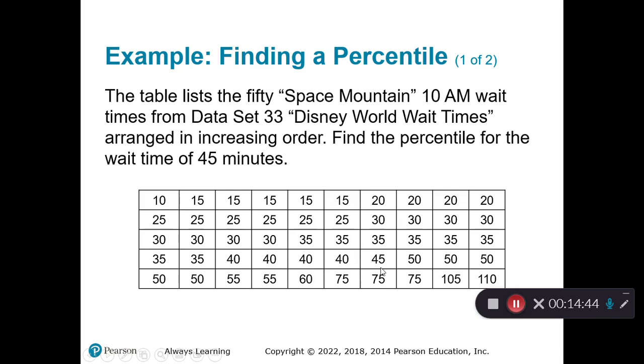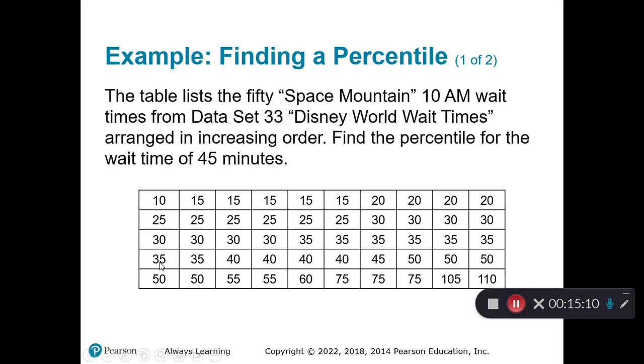Well, if we look back at the formula, the numerator of the calculation says we have to count how many data values are smaller than 45. Well, we have, let's see, per row, 1, 2, 3, 4, 5, 6, 7, 8, 9, 10 values per row. So we have 10 values in the first row, another 10 in the second row, another 10 in the third row, so that's already 30.